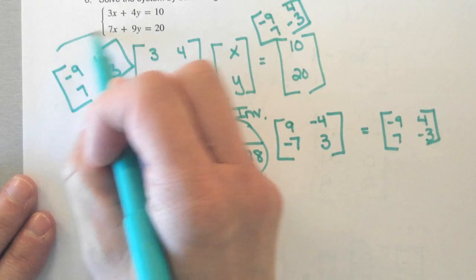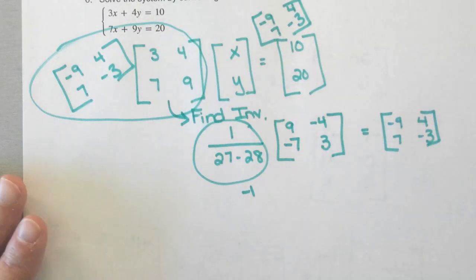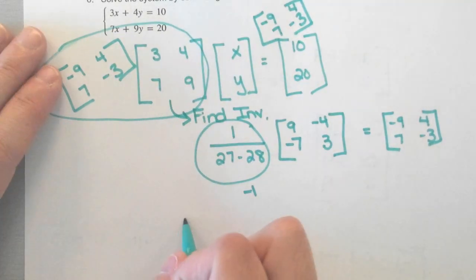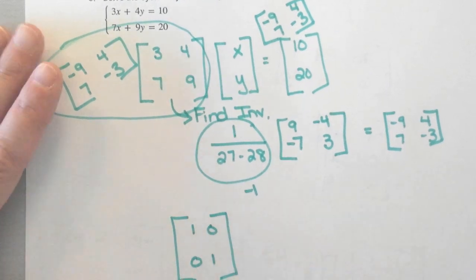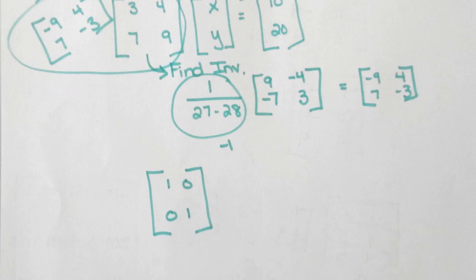Okay, on this side, remember the way that we construct the inverse is so that when you multiply these together, they give you the identity. Remember, your identity matrix is going to have 1s on this diagonal and everything else is 0s. So the 1s always live on this diagonal, everything else is going to be 0s.